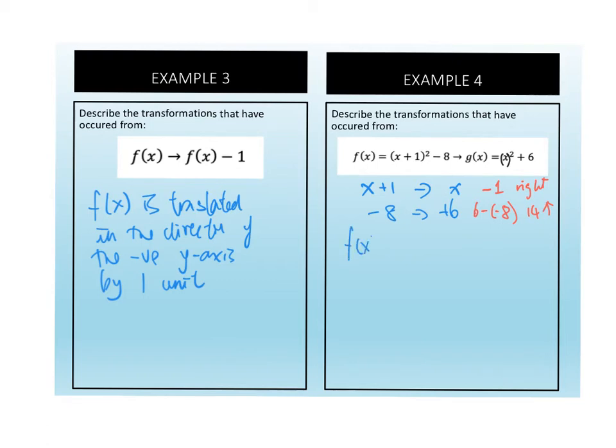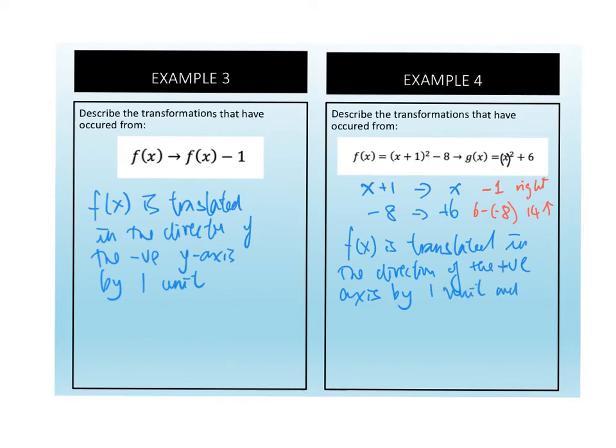So therefore, f(x) is translated in the direction of the positive x-axis by 1 unit, and in the direction of the positive y-axis by 14 units.